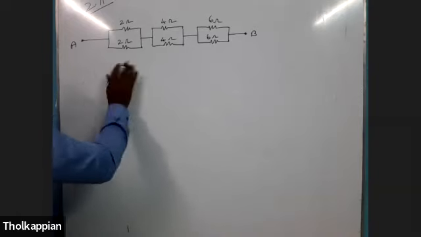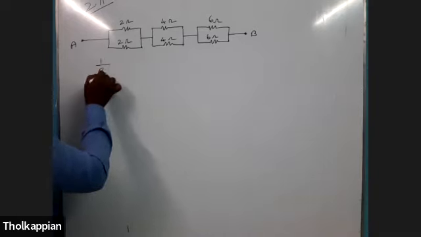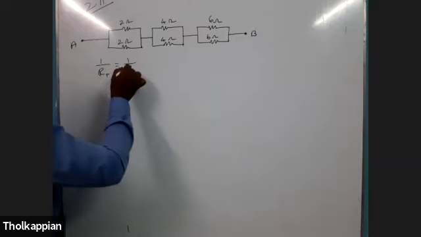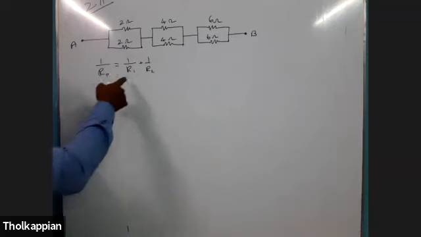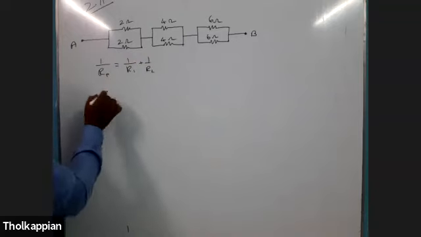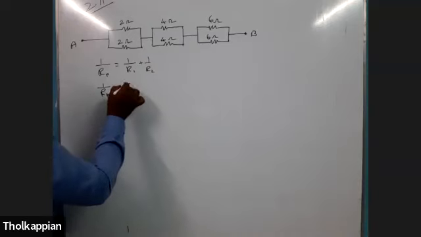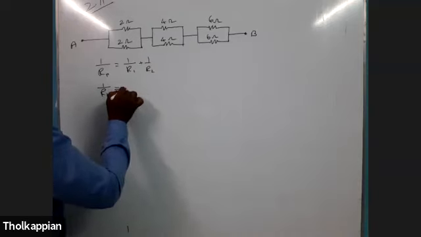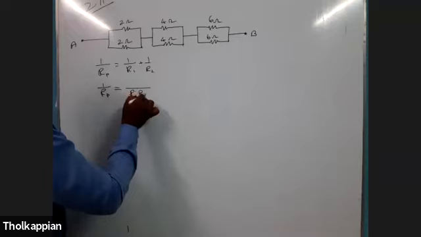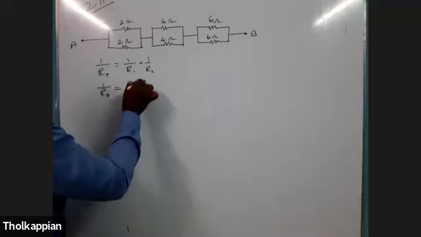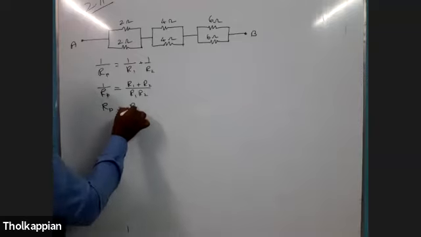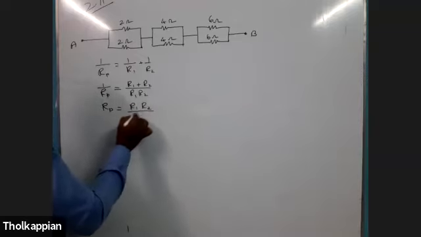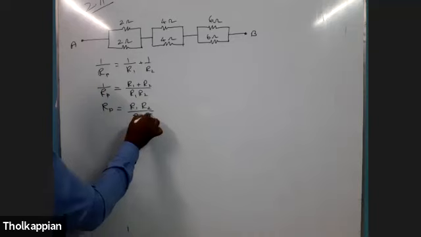First, 1 by Rp is equal to 1 by R1 plus 1 by R2. First step you do like that. After that, directly you can do. So 1 by Rp is equal to R1 R2 over R1 plus R2. So Rp can be written as R1 R2 by R1 plus R2.